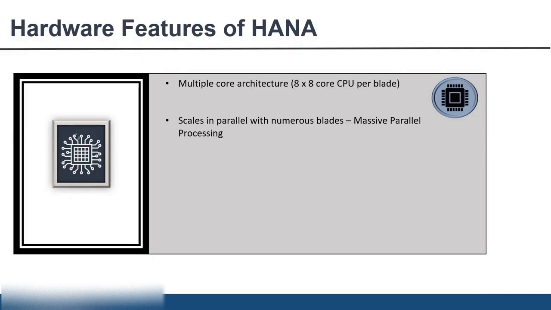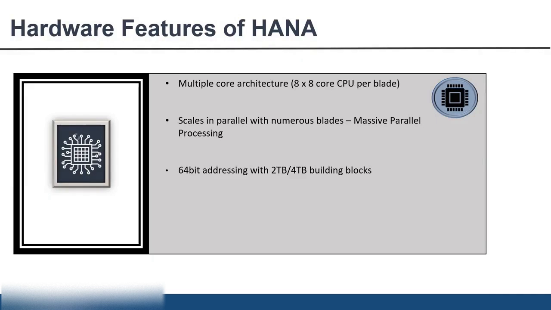So this is one of the important hardware features of HANA, and why HANA can give you faster processing speed. The databases which were built prior to HANA were using CPUs with a single core. In HANA, you can see multi-core architecture, CPUs with multiple blades, and that is why you can achieve massive parallel processing, that is MPP, with HANA, and that is why you can get better performance with HANA.